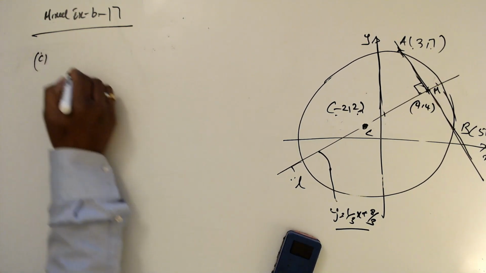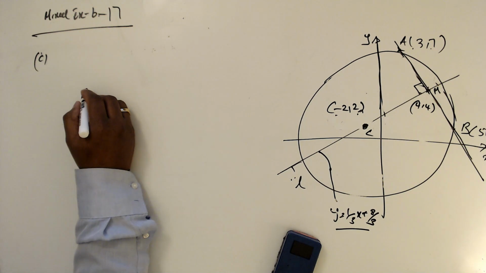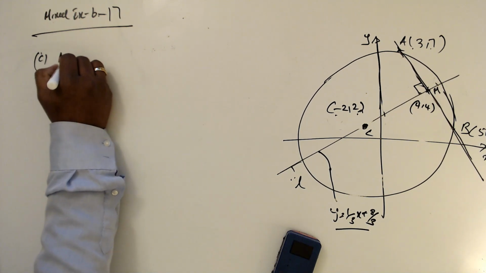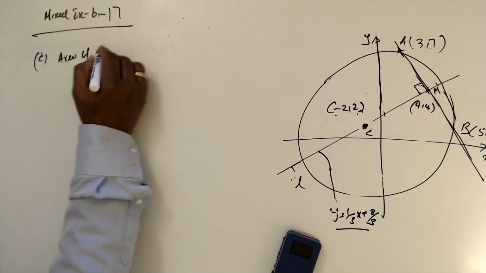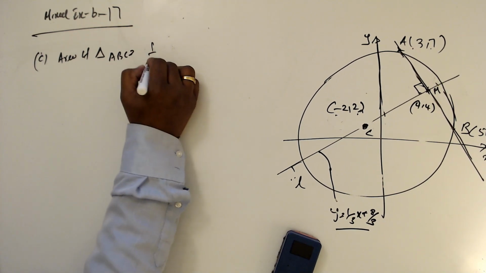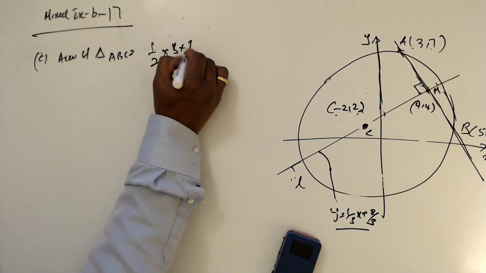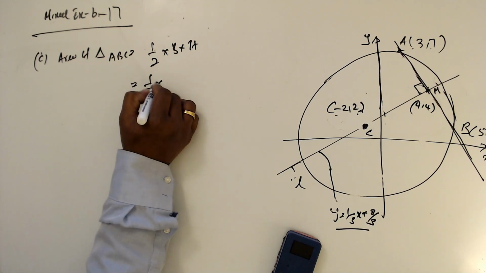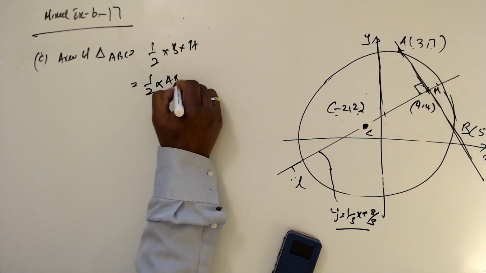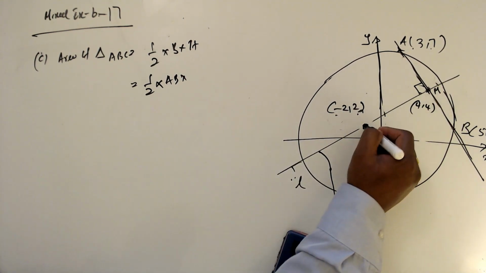Now part C is the area of triangle ABC, using the perpendicular height. Area is half base times height. If I take AB as the base, then the perpendicular height is MC.